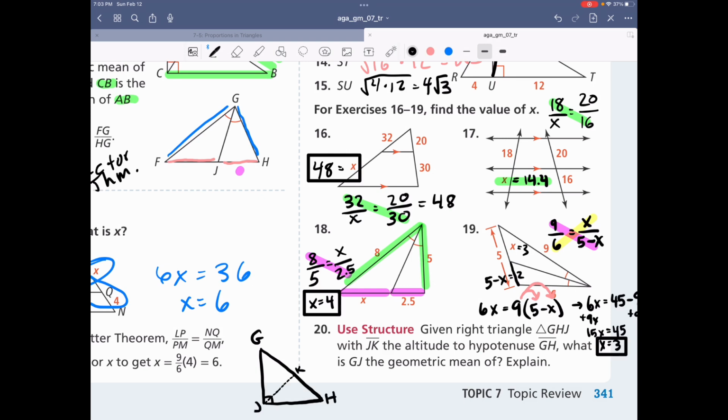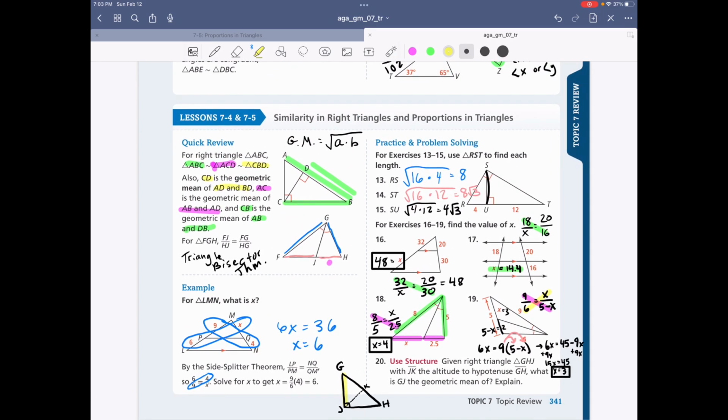What is GJ the geometric mean of? So this piece out here, I'm going to go back to our demonstration. That looks like either CB or AC. In either case, let's just call it AC, that's going to be the purple one. So AC is the geometric mean of AB, which is this whole length, and AD.